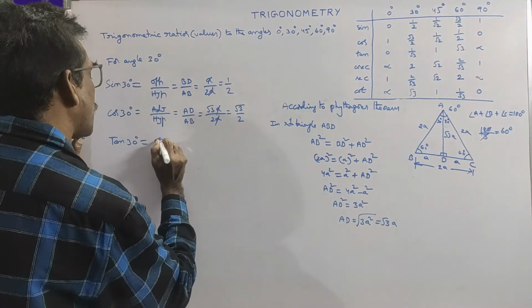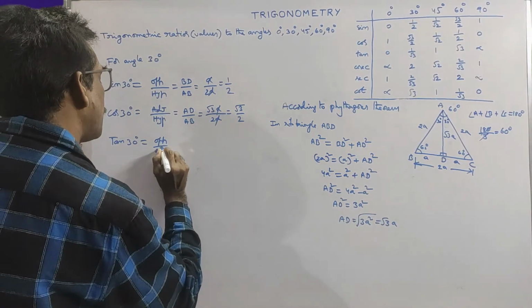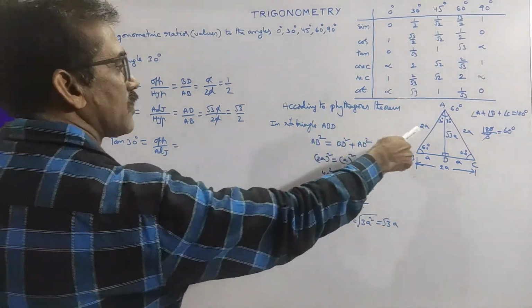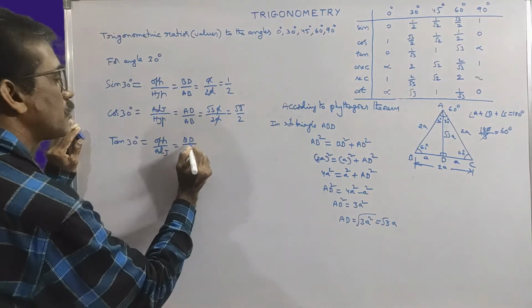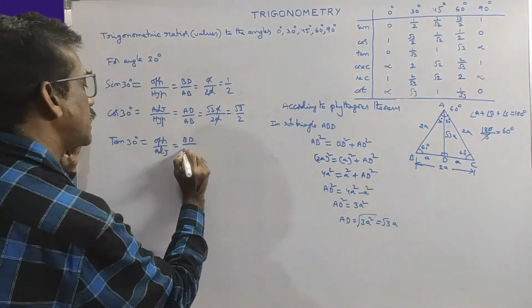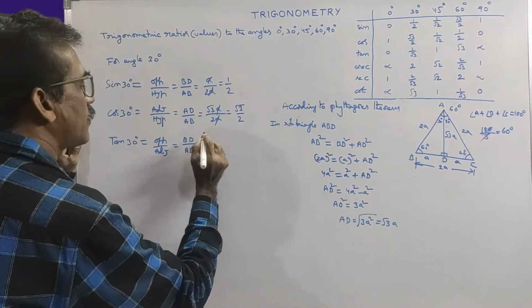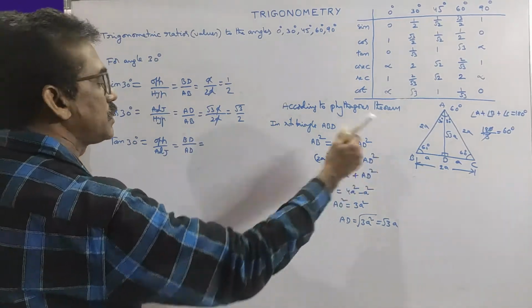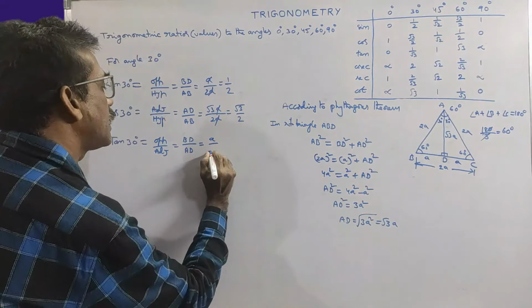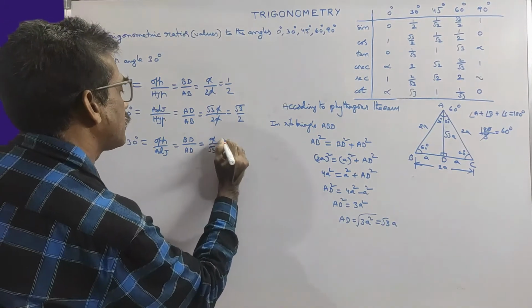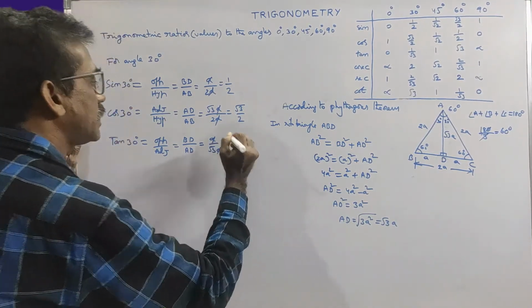The tan formula is opposite side by adjacent side. For 30 degrees the opposite side is BD, by adjacent side AD. Substitute the values: BD is A, AD is root 3 A. A and A cancel, 1 by root 3.